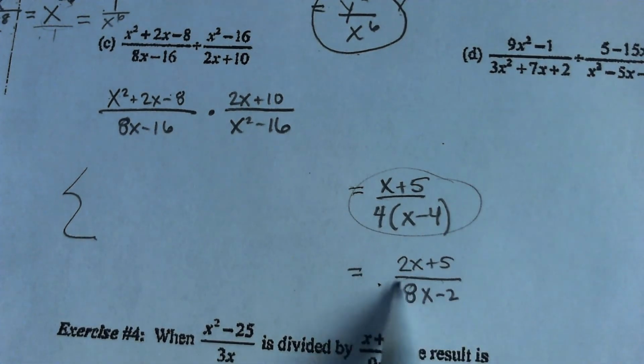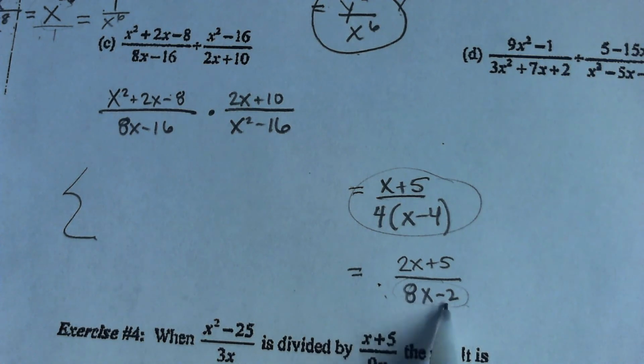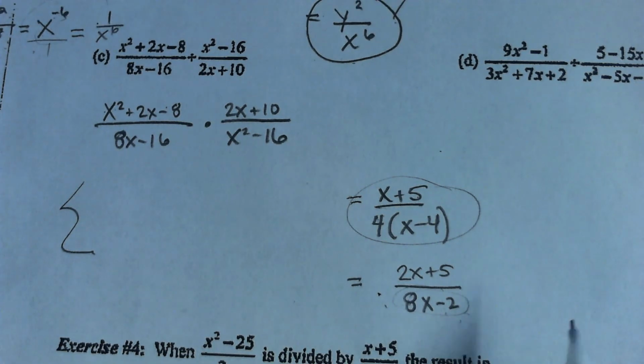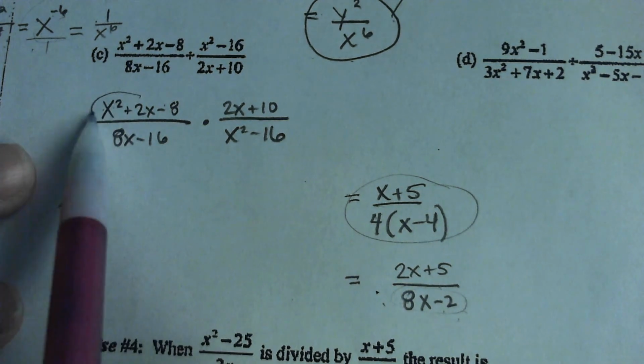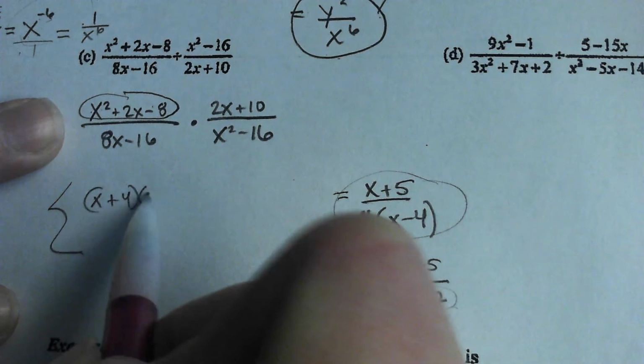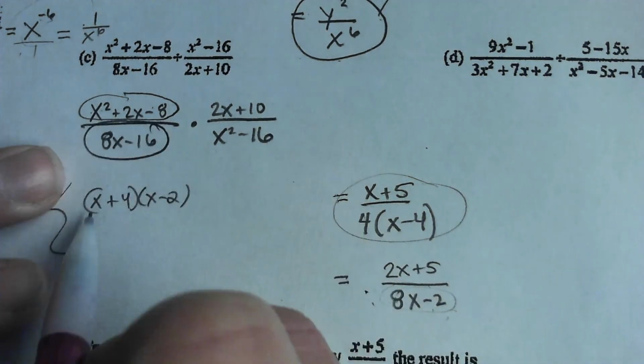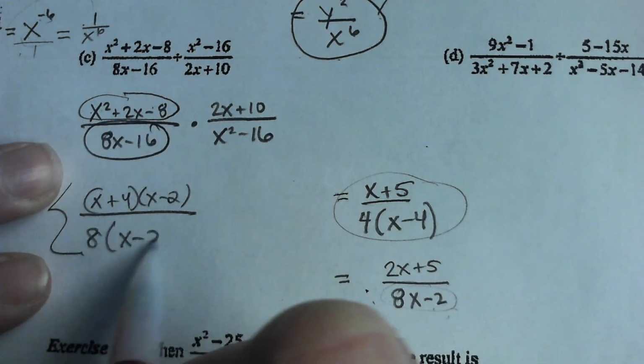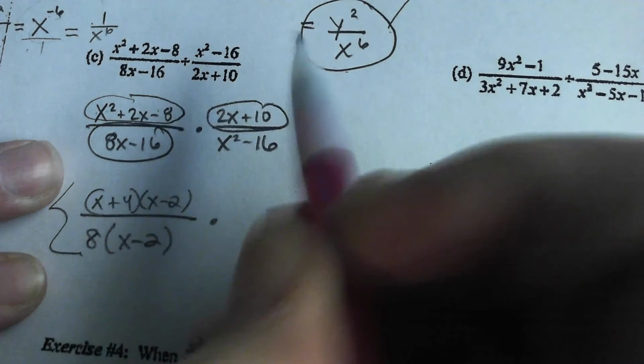Mike, one thing I noticed about yours is that you'd still take out a 2 and you'd have a 4x minus 1. I don't think that would help you at all because it wouldn't cancel anything else, but let's see what goes on here. So this one is x plus 4, x minus 2. On the denominator, we can take out an 8. We're left with x minus 2. On the numerator, we can take out a 2.